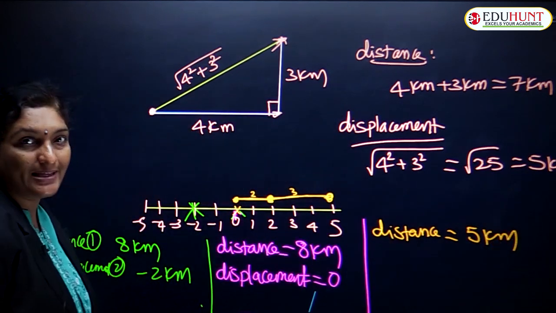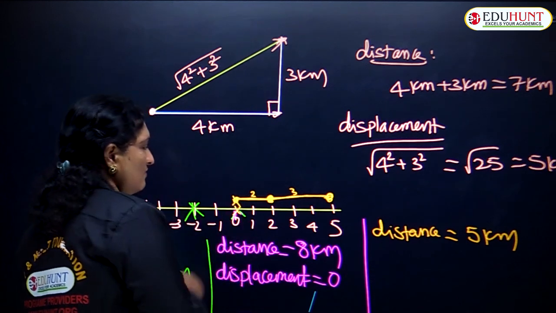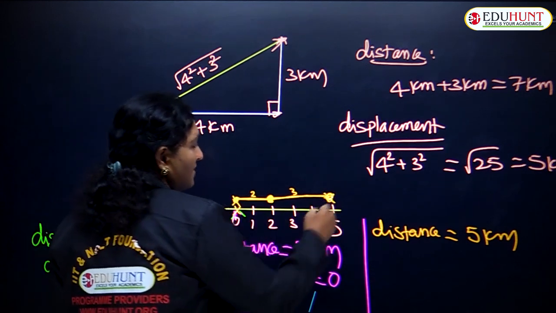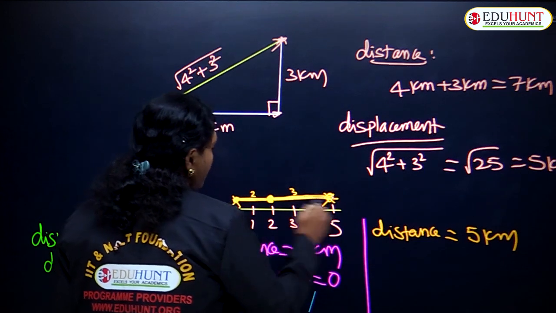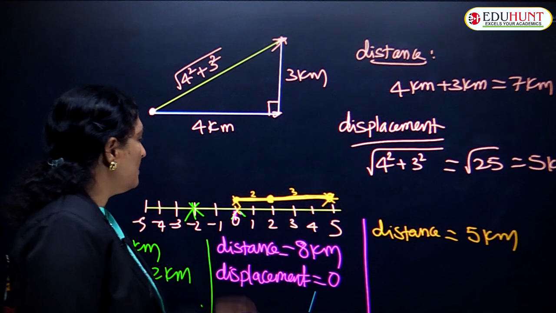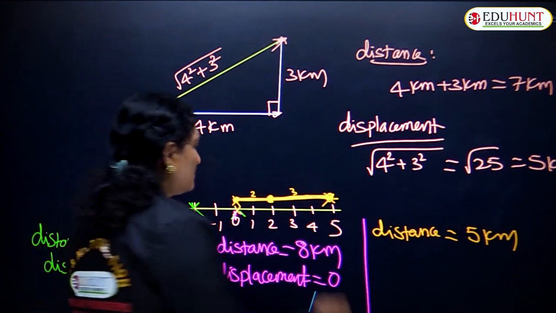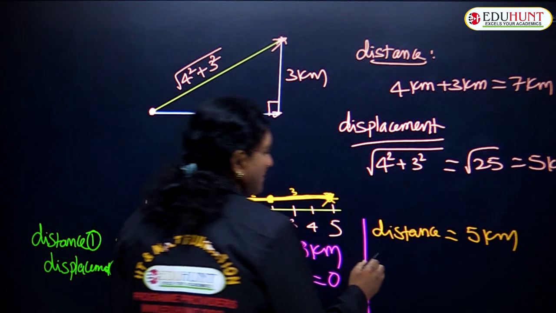But what about displacement? Here the initial position was 0 and the final position was 5. So, the length from initial to final position is called displacement. So what is that from initial to final? What would be its length? 5 kilometers.